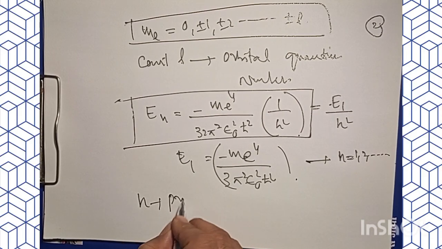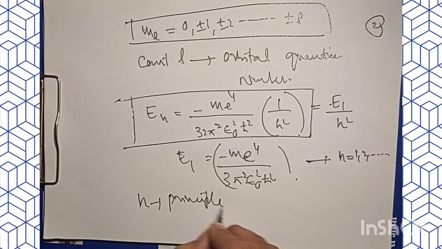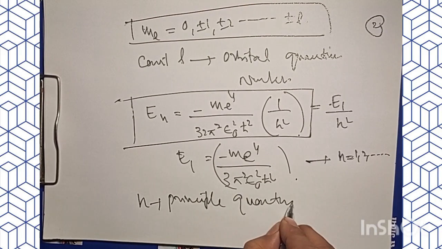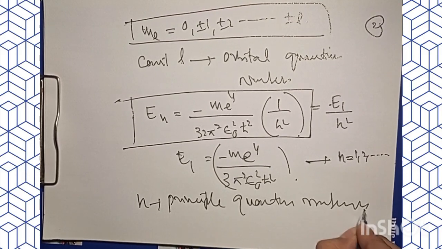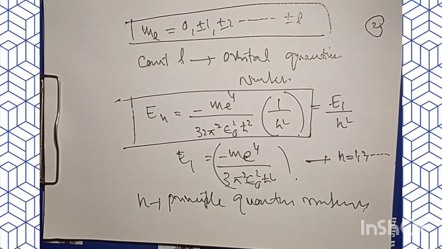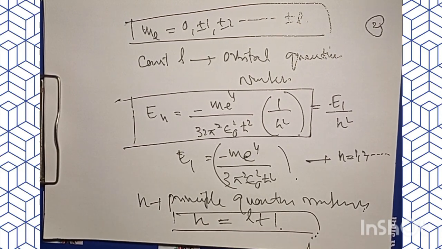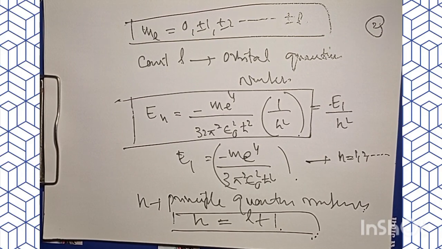This principal quantum number n can either be equal to or has to be greater than l plus 1. And this l is already defined as the orbital quantum number, which comes as a constant for the solution of the angular part of this Schrodinger's wave equation.